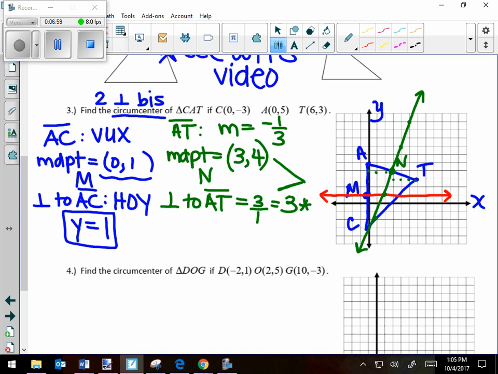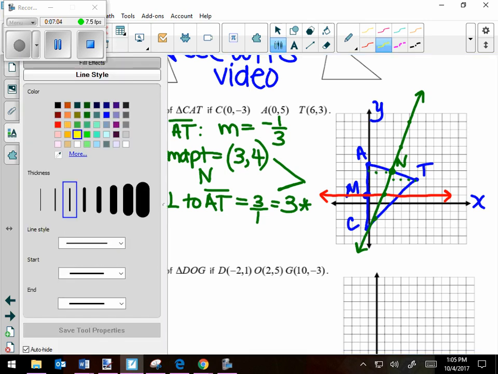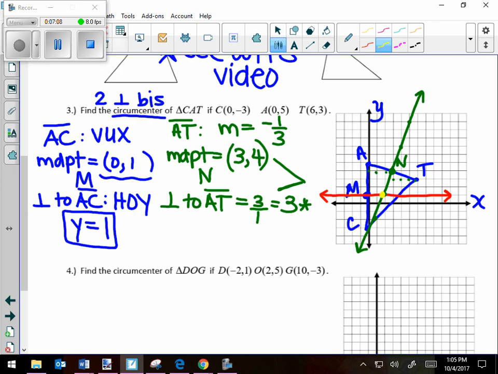And when I do this, once I have those two drawn in, I can see that what I have right here is a point of intersection between my two perpendicular bisectors. That point is the circumcenter.